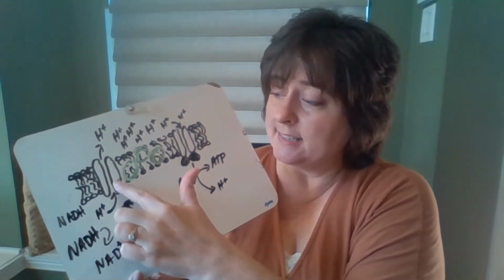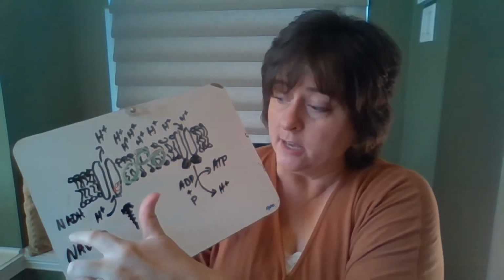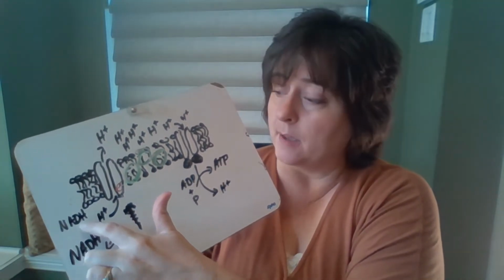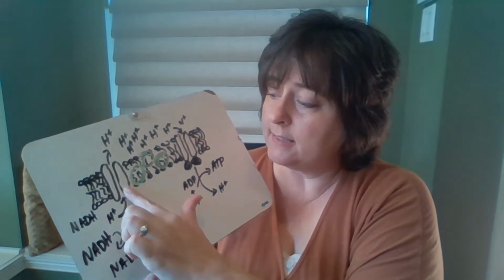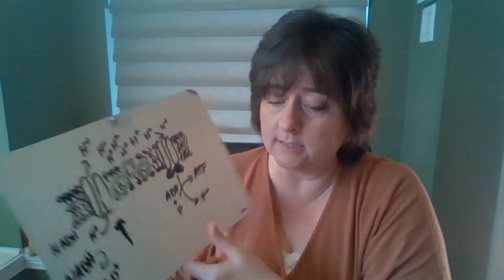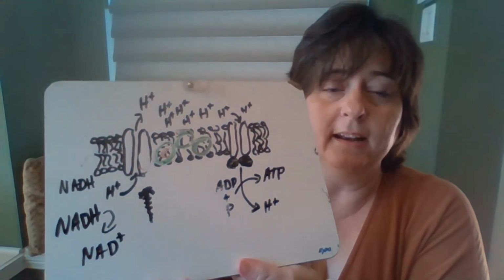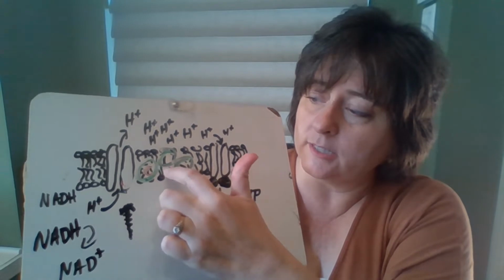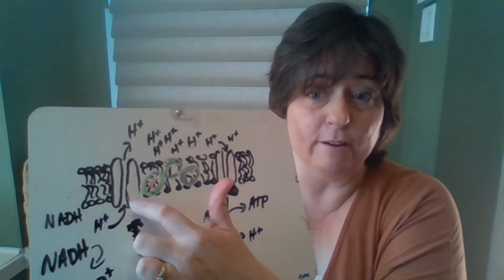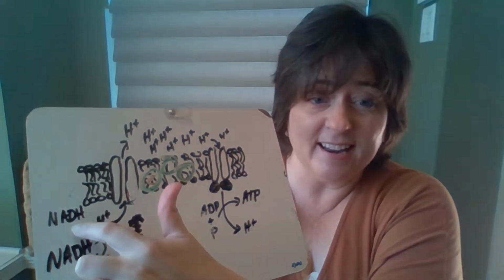So this guy needs to move him out of the way so that he can accept the next one coming in. So let's take this electron and pass it to the next guy. The next protein will accept that electron. And now we've passed it from here to here, and this guy is now free to accept the next one.